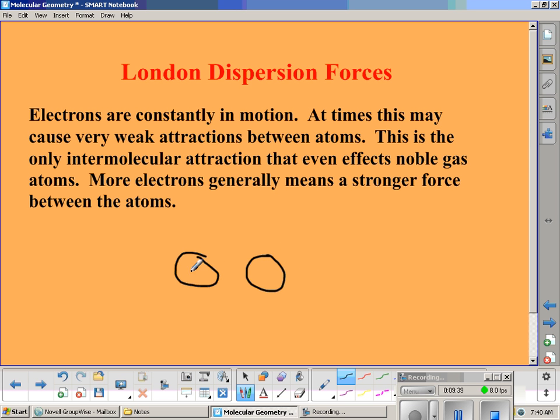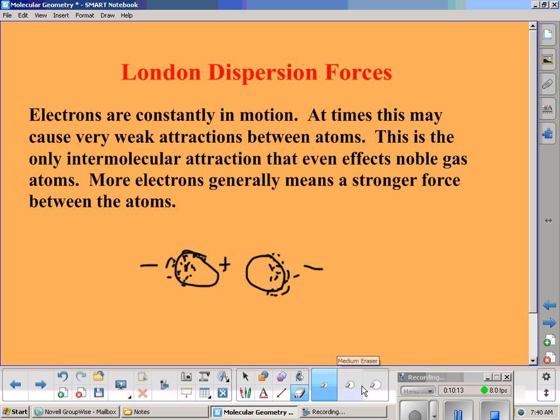Okay, so we've got some atoms, and the electrons are always moving around. Well, if at some given time, all the electrons end up more on this half of the atom, that'll create this side being very negative and this side being very positive.